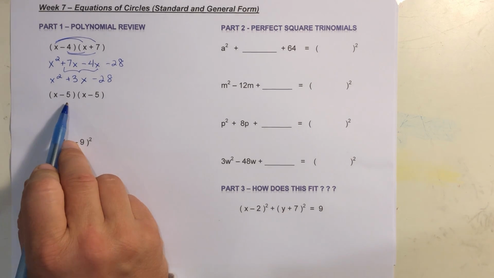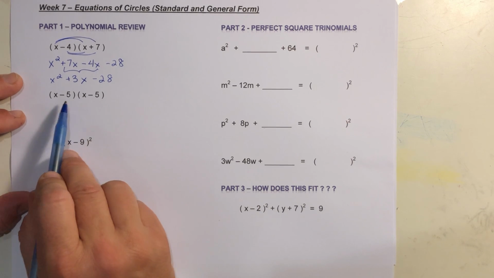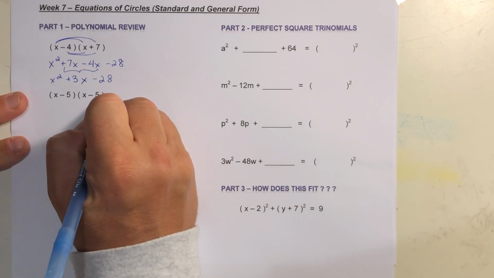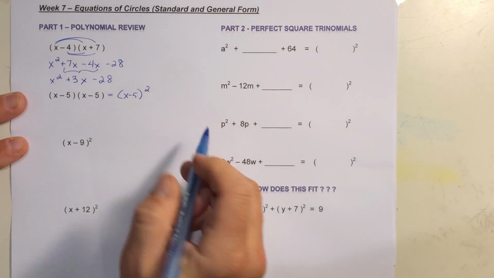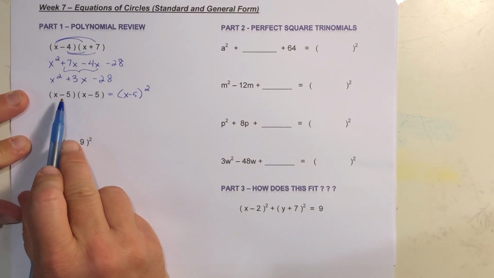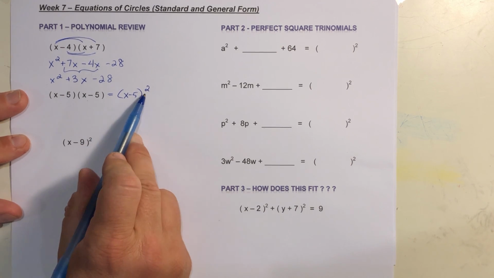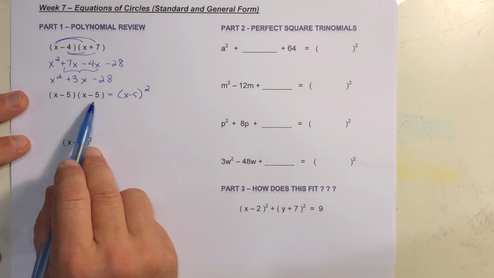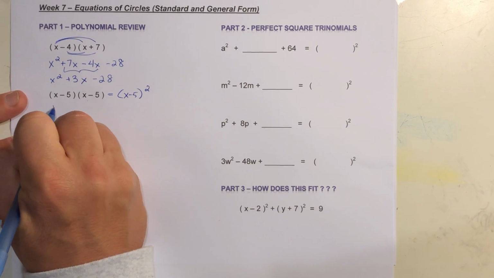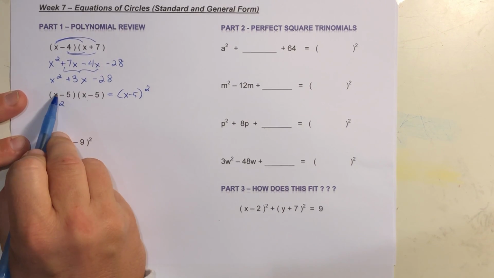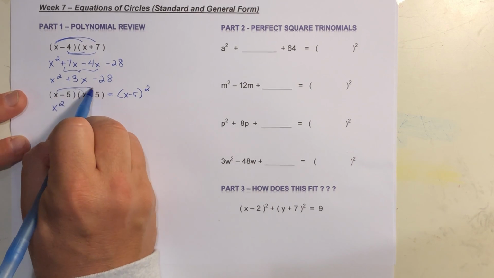Next, when the factors are the same, and that's really what we're going to focus on here, I could have written this as x minus 5 quantity squared, because it's basically one factor times itself, or that factor quantity squared. But there's something special that happens here when the factors are the same. They're identical. So I'm going to play this out. I'm going to multiply and distribute: x times x is x squared.